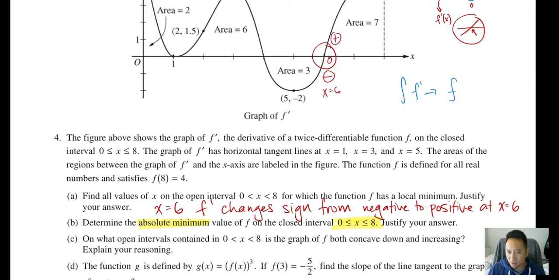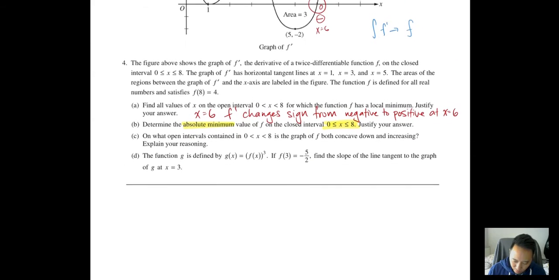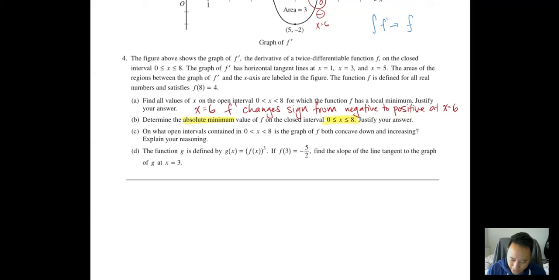Now, back to problem A, we've only found one local minimum, or relative minimum, which is x equals 6. So I have basically 3 possible locations of my absolute minimum.